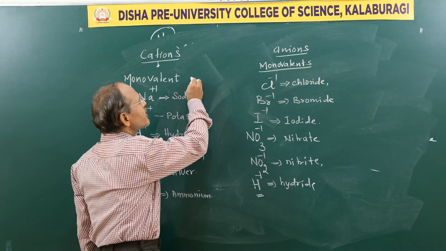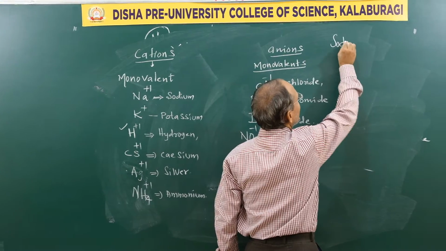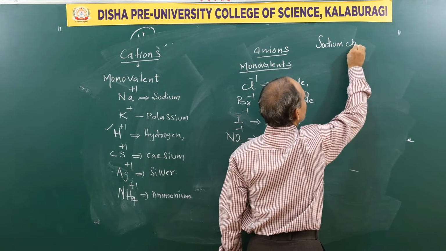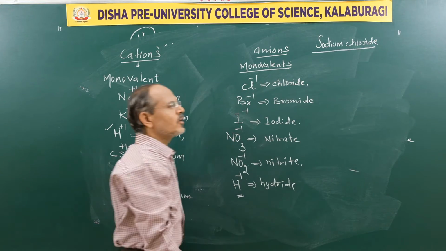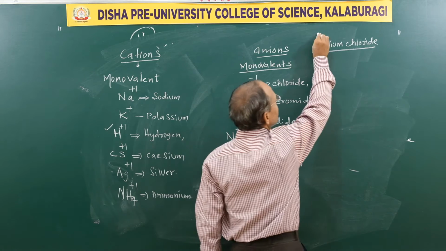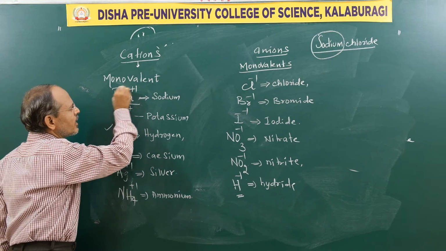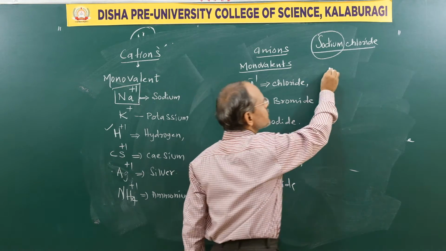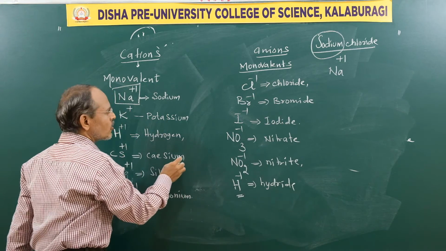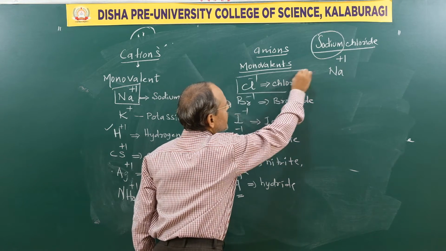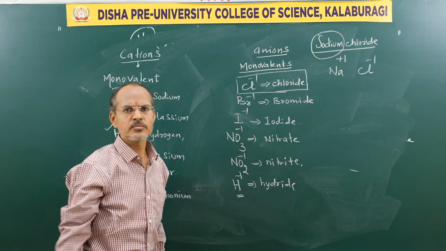If I want to write the formula of sodium chloride, a very simple example, sodium chloride. So first you see sodium. Sodium is Na plus 1. And then chloride, it is minus 1.